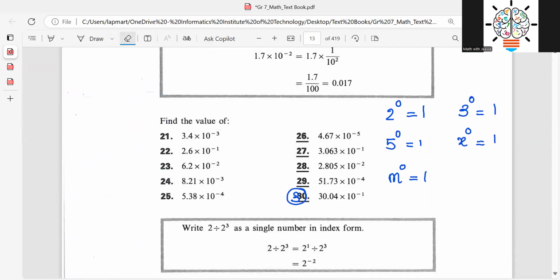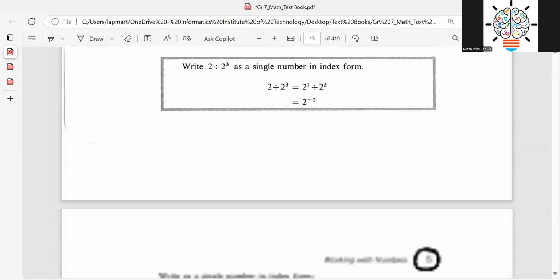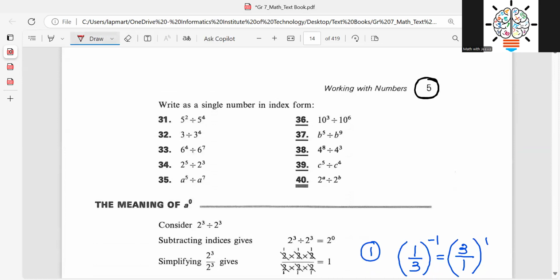You want to do questions 26 to 30, right? Then you want to do in the same exercise, questions 36 to 40. So you have 15 questions to do at home, right? So those are the homework questions you want to do.